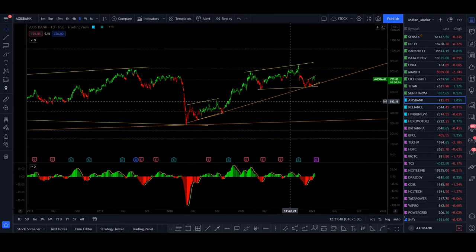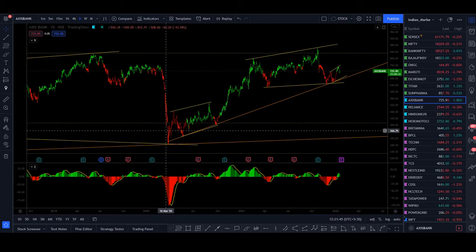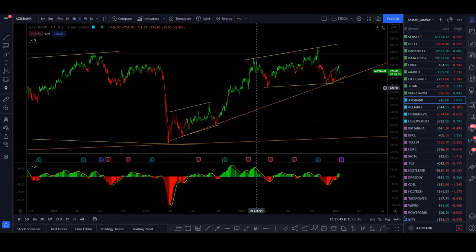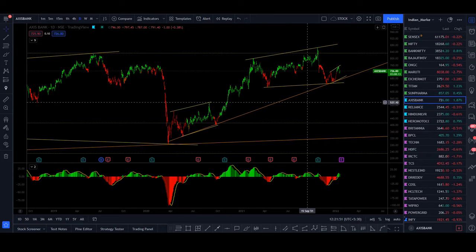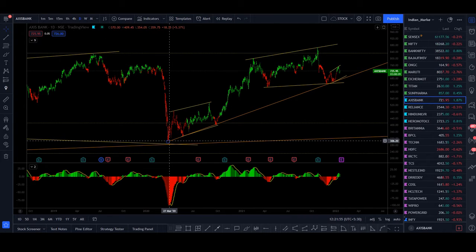Then daily, we can see inside this impulsive wave we have multiple patterns. So basically we are in this impulsive wave of weekly. We have daily two waves already happened.